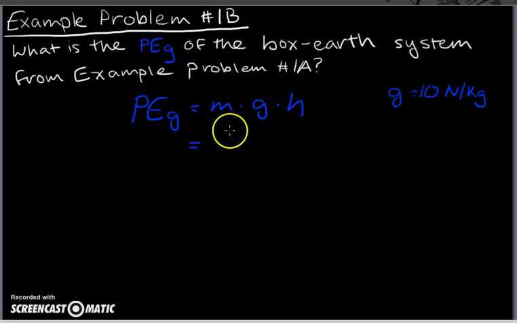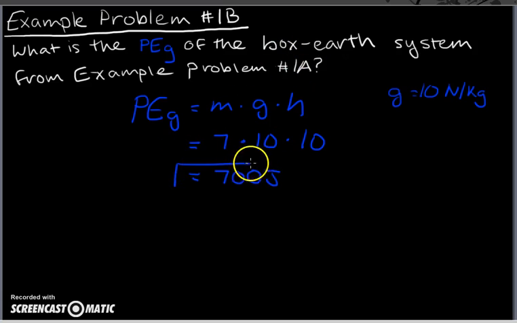So we have 7 kilograms times a gravitational strength of 10 newtons per kilogram times a height of 10 meters, which means that our potential energy of gravity is 700 joules in this box-Earth system.